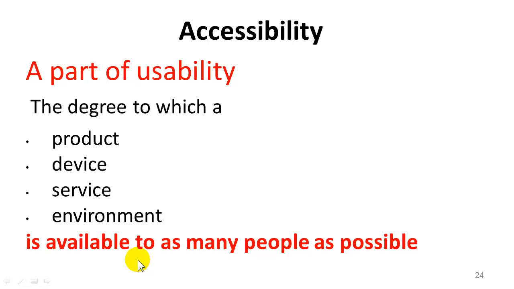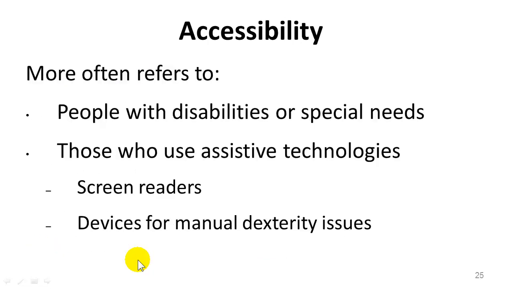Is this product available to the user based on user needs? Accessibility usually is associated with people with disabilities or special needs, people who use assistive technology such as screen readers or certain kinds of devices because they have manual dexterity issues.